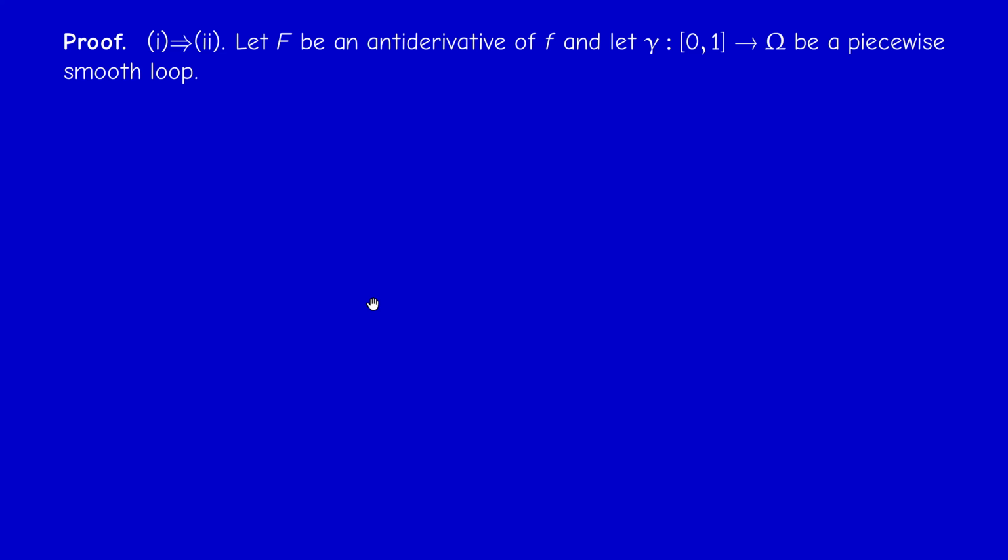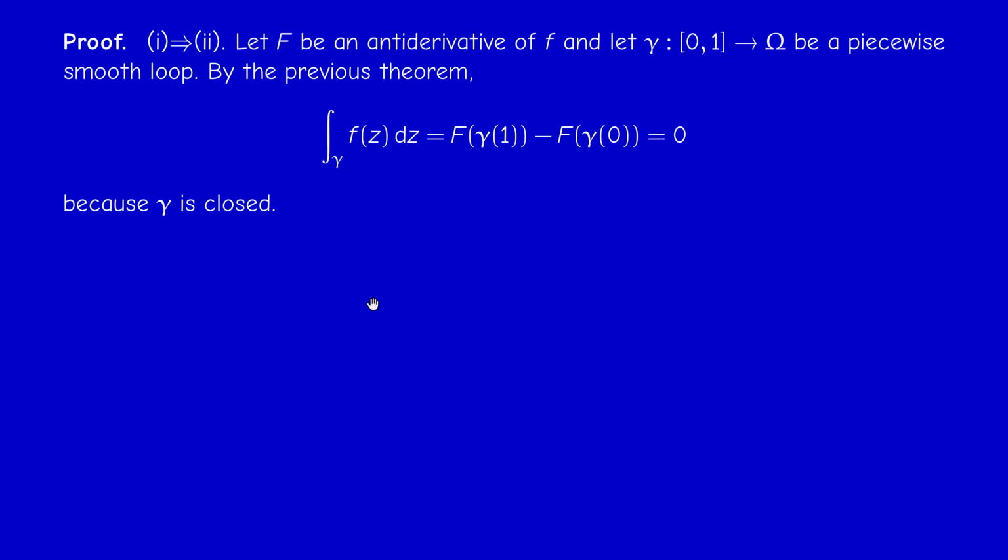My assumption states that small f has an antiderivative, capital F, right? So if gamma is a piecewise smooth loop, then by Barrow's rule, the integral over gamma of f is just the difference between the antiderivative at gamma 1 and the antiderivative at gamma 0, or if you like, between alpha and beta, doesn't matter.